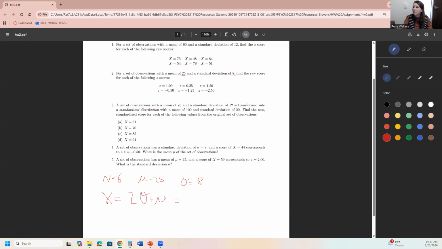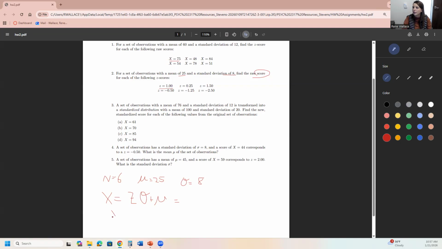So x equals, and the reason we're solving for x is because that's the raw score. Remember, our raw scores are x. So we're trying to find x equals z times sigma plus mu. For this first one, z is 1.